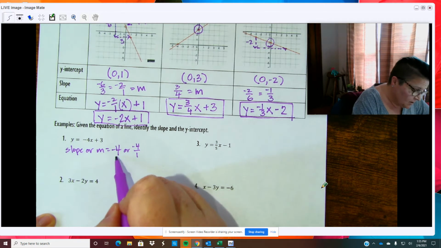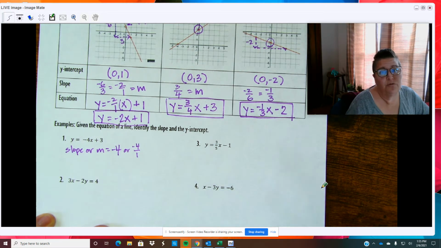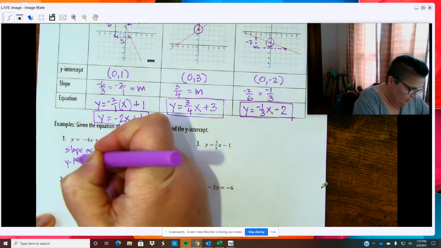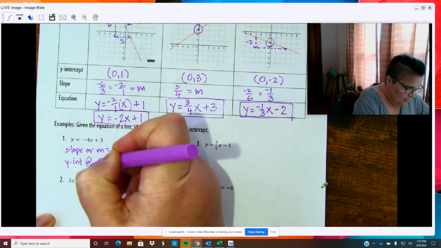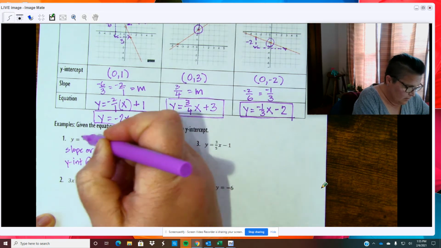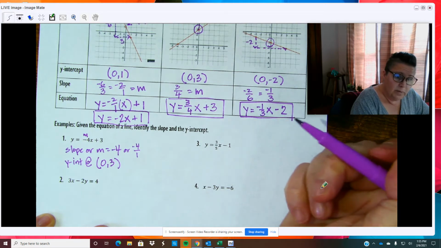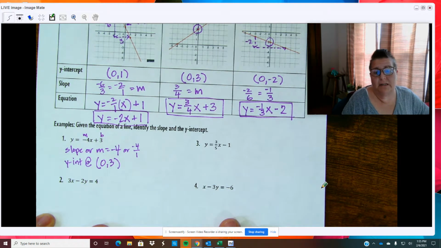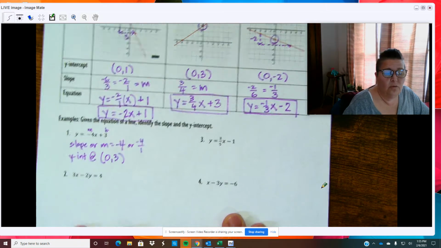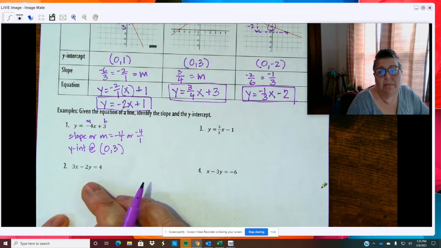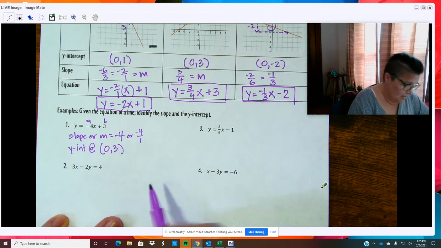And if you're just looking at -4, sometimes you forget there's a 1 underneath there. The y-intercept is going to be at 0, 3. Remember, that's your b. Your m is your movement or slope of the line. The b value is the y-intercept. For problem number 2, I cannot tell you the m and the b because it is not in slope-intercept form.